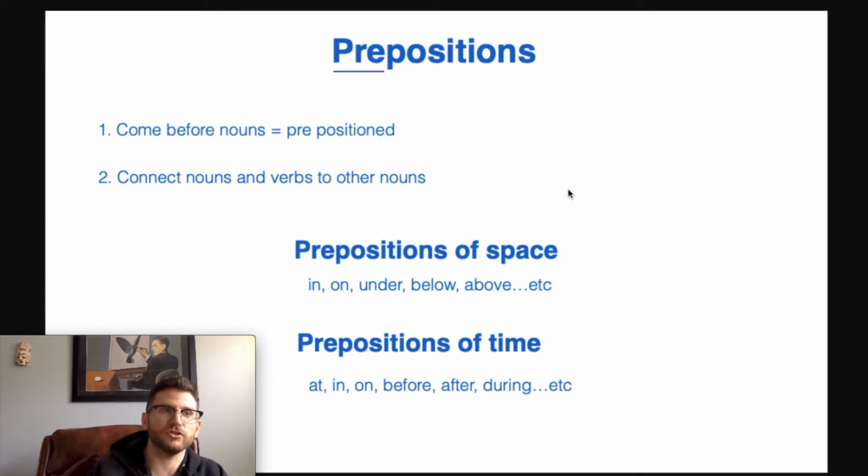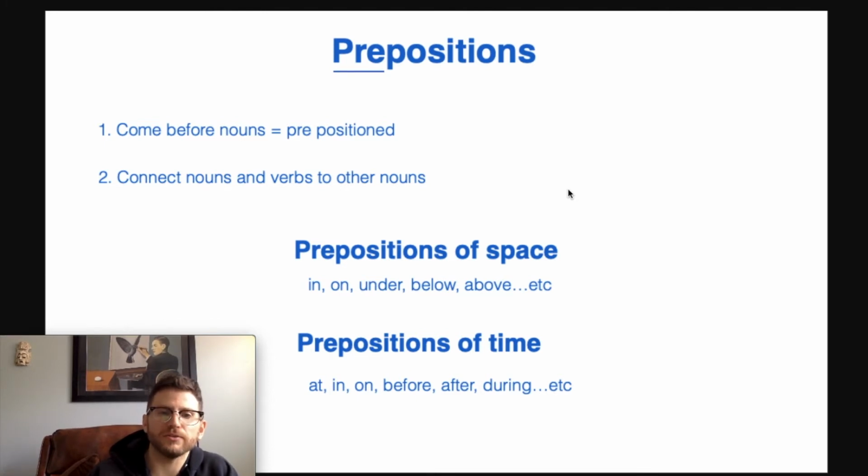So if I ever ask you to locate prepositions, and I will in a little bit, you look to the nouns and you look to see if there is a word before that noun. It is likely to be a preposition.